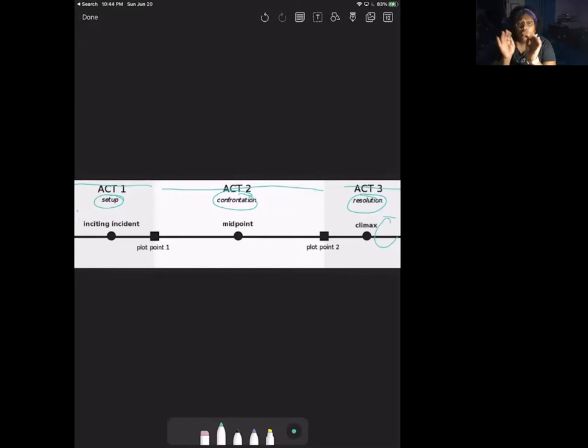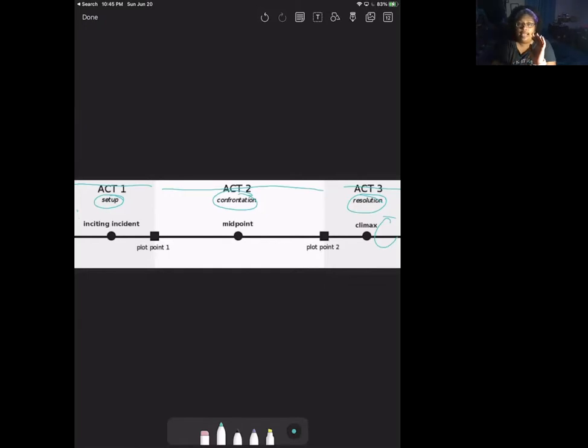So that's the setup. And we have the inciting incident. The inciting incident is the thing that pushes the story forward, that kind of pops and says, oh, okay, the story kind of starts here, right? Pushing the story forward, pushing the narrative forward, pushing the plot forward, those are all the same phrases to say that the story starts to move.